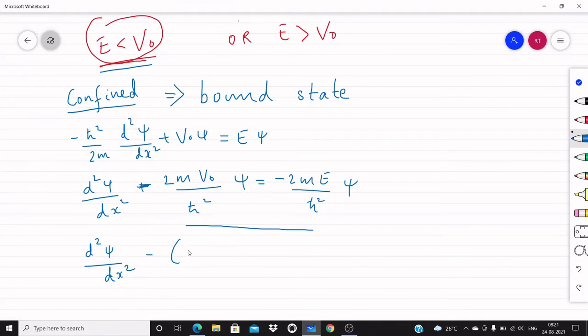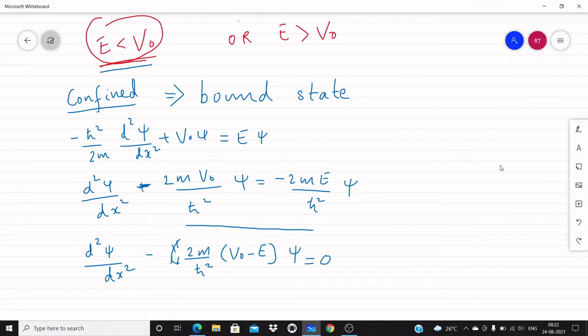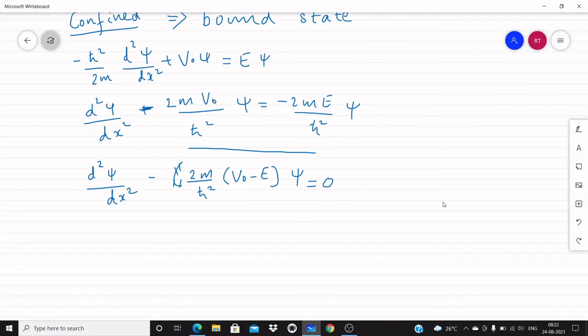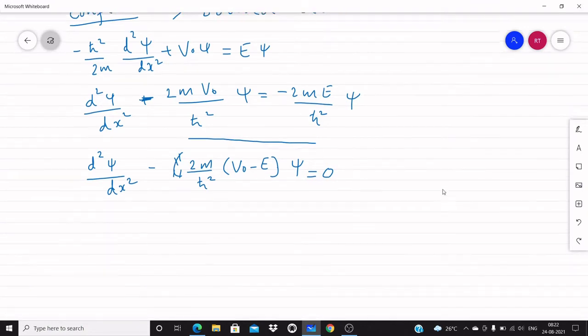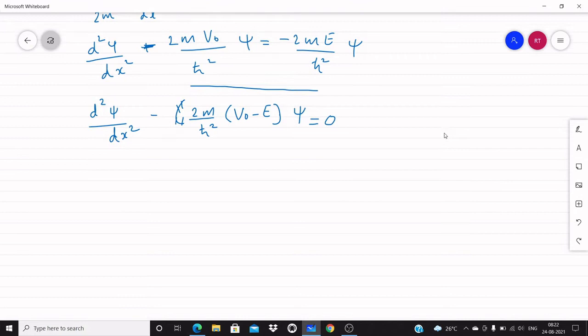So it is 2m by h cut square, which is a common term, times V0 minus E, into psi is equal to 0. So this is our equation in region 1 and 3.